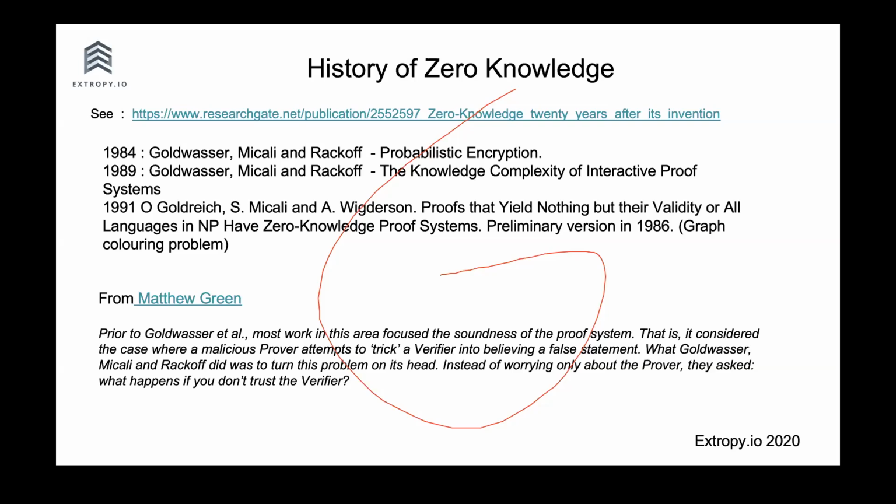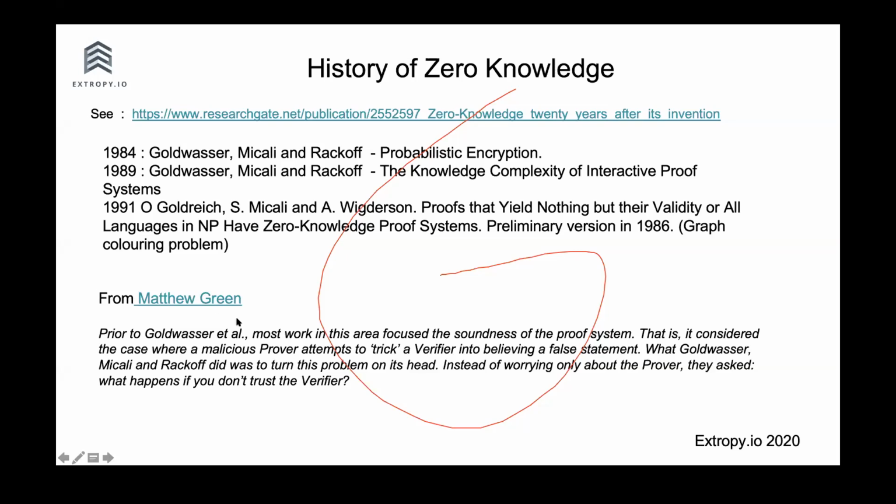Where this came from is interesting as well, because it came out of proof systems. People had made some assumptions about the verifier being honest, and zero knowledge proofs came around from the idea of what if we don't trust the verifier, and how can we create systems that are fair from both sides and don't allow either side to cheat.